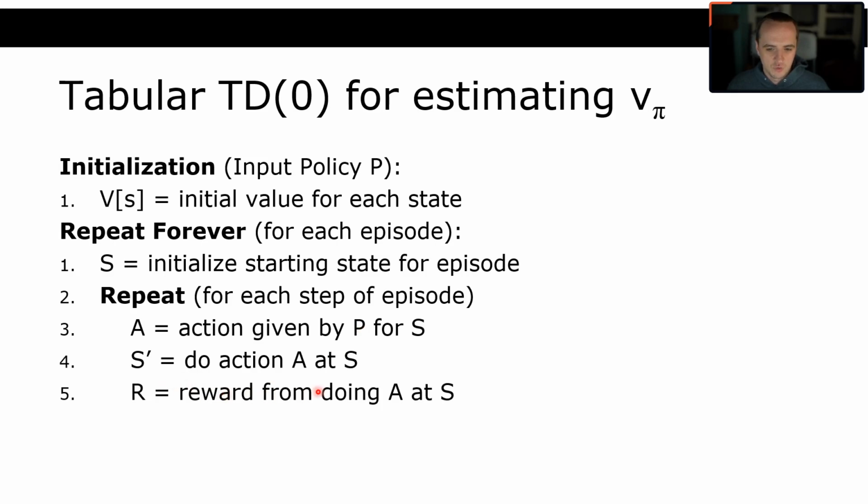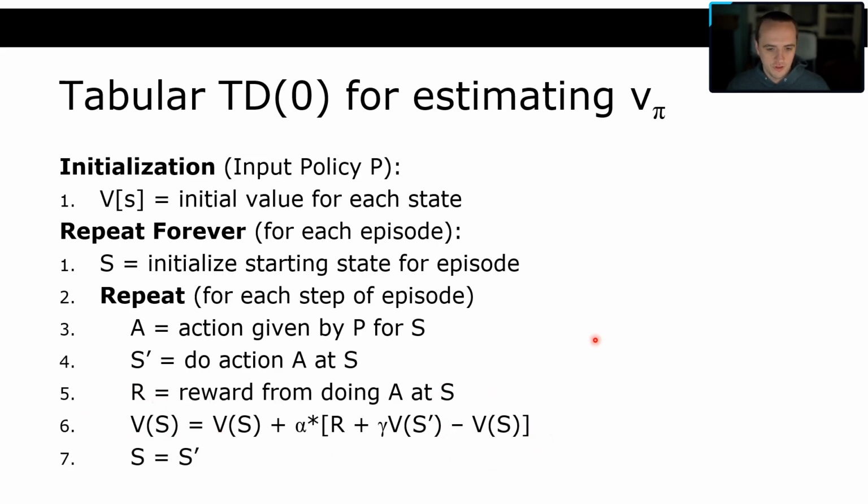Then R is the reward from doing A at S. Then we use the TD0 update formula, and then we set S equal to S prime. And that's it. We just literally implement what we saw on the last slide. It's very, very simple. There's no generating of entire episodes and storing them and then iterating through each one. We just update in real time.